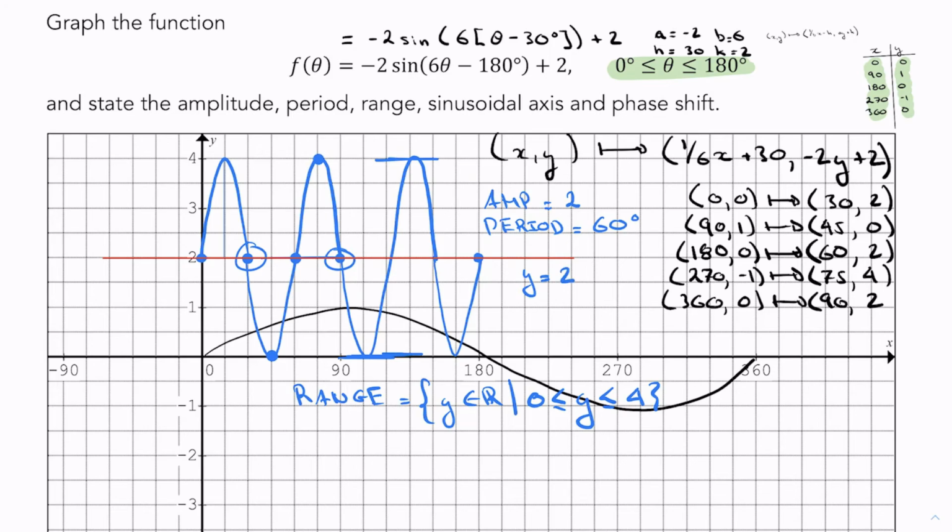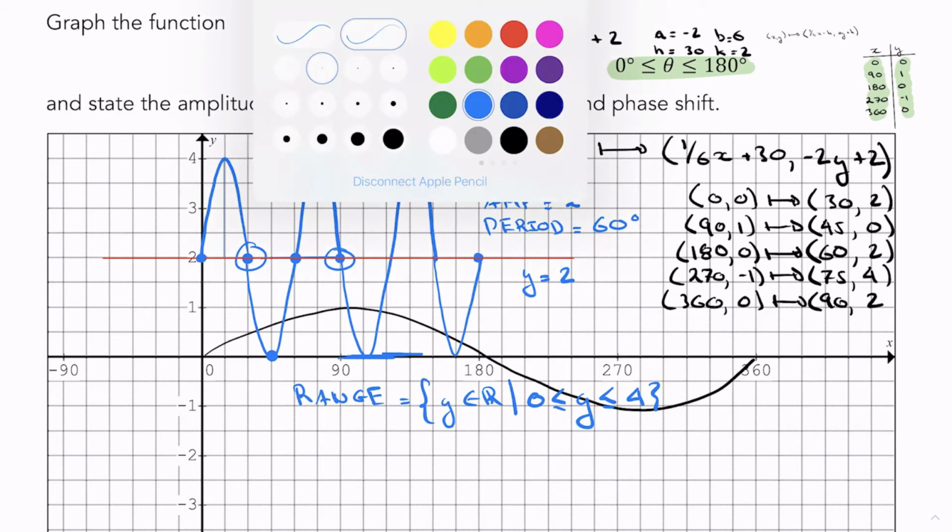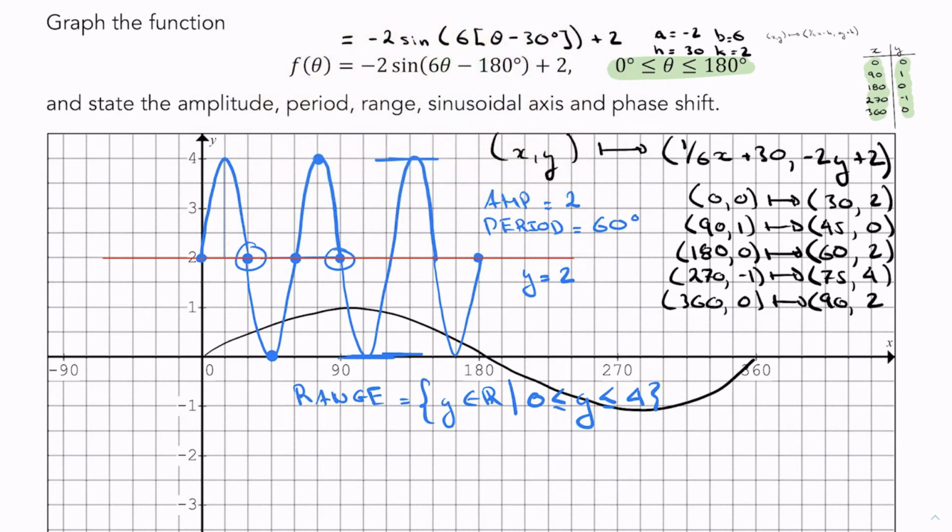And finally, the phase shift. So remember, sine initially starts at the middle and goes up. So it starts over here, goes up, and comes down. The phase shift in this case hasn't really changed the way the graph looks in terms of the phase component.